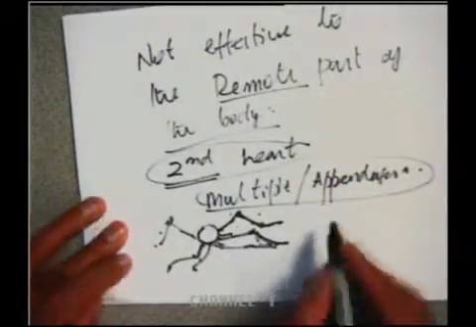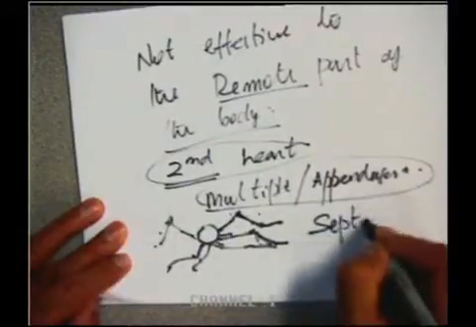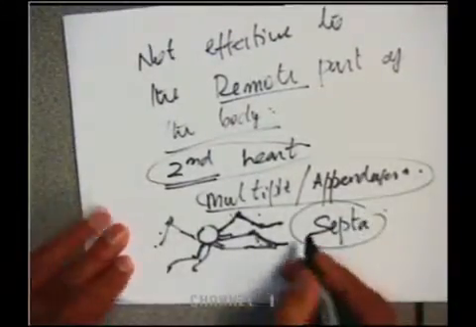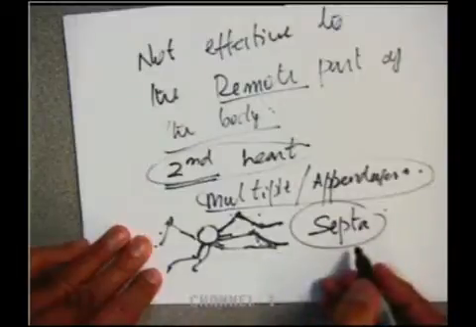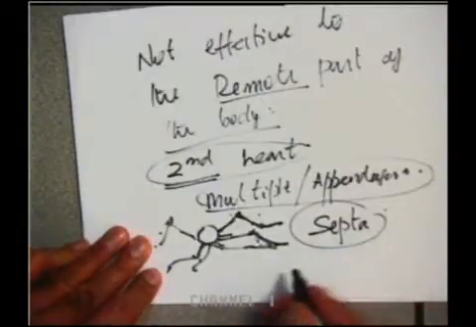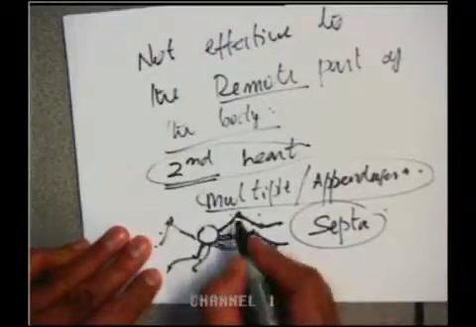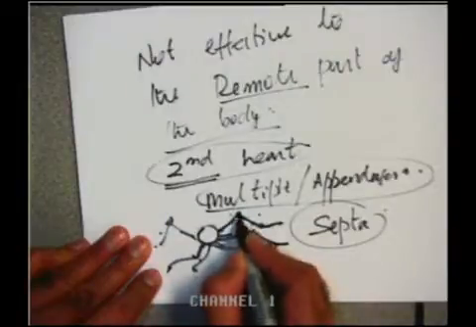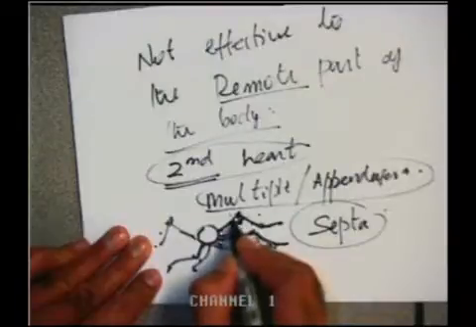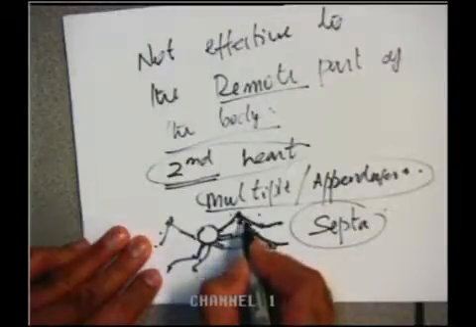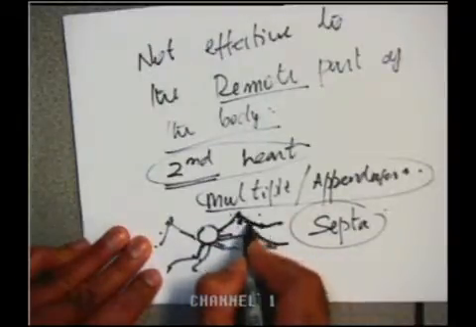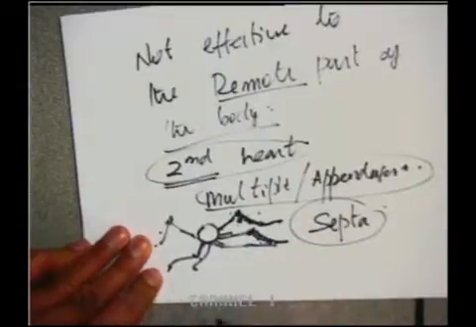Sometimes you get a septa. That will give you a direct flow and allow the direction. Suppose you want to give the boost: the second heart will accumulate all the blood over here, and then it opens, and all of a sudden it goes with a rush to the other side.